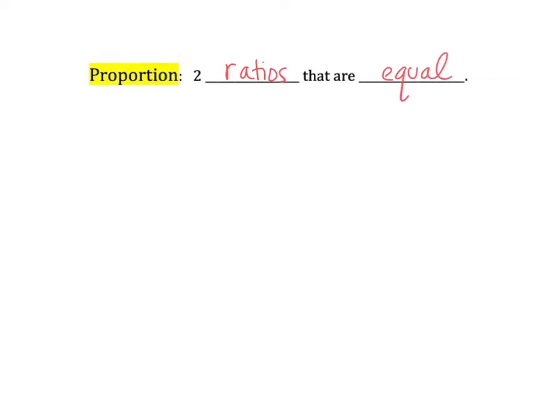So I can have a single ratio. Let's say that is 2 to 4. That is a ratio because there is just one of them. I can take that same ratio, put an equal sign, and say, let's see, 16 to 32, which is an equivalent or equal ratio.